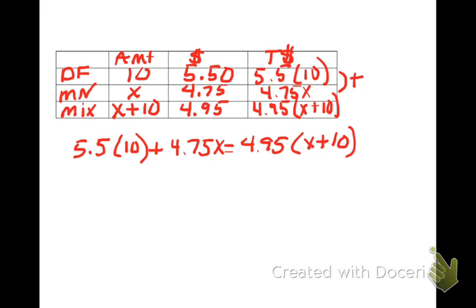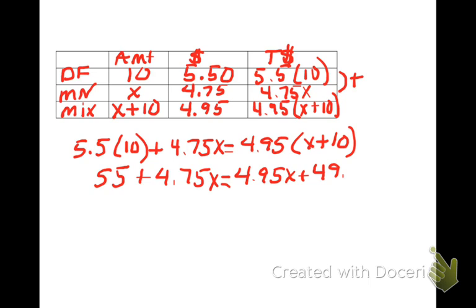Now, calculator's fine to solve this, but you still need to show your steps. So 5.5 times 10, if we remember the easy way, we just move our decimal over. 55 plus 4.75x equals, distributing, we get 4.95x plus 49.5. So we need to get our x's together, so I'm going to subtract 4.75x from each side.